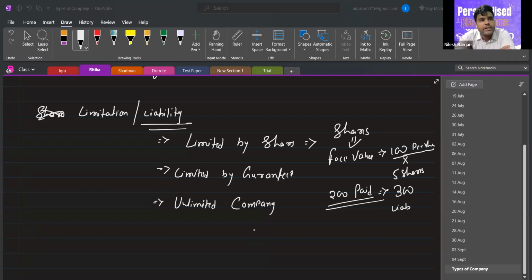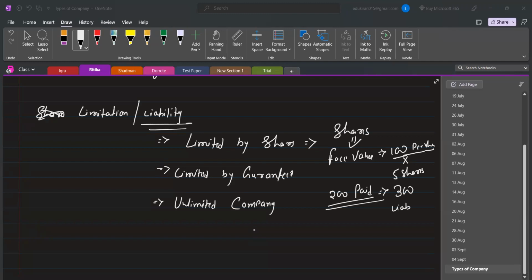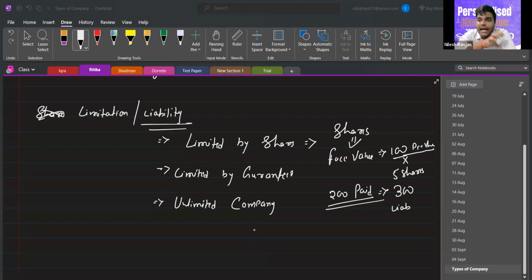Yes, we will only pay 5,000. We will tell the company that I have given a guarantee of 5,000 only, so I will pay that amount only. So your liability is limited up to the guarantee given by you to the company.